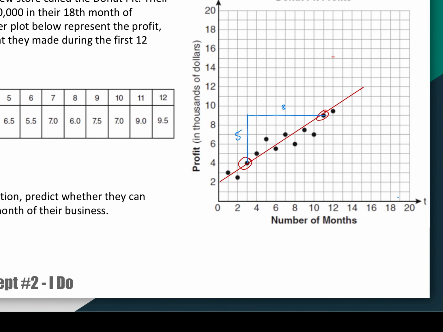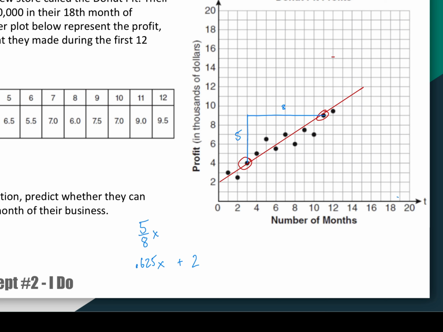So that would make our slope 5/8, okay? And it's okay to convert that to a decimal for line of best fit. I think you actually might like it better as a decimal, so let me go 5 divided by 8, so that would be 0.625x, and that's okay, plus 2, all right?